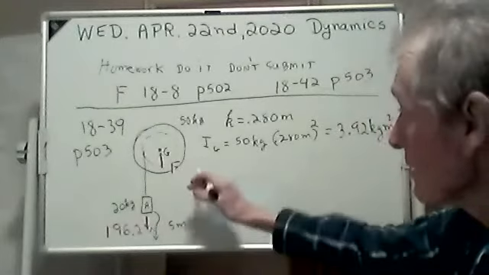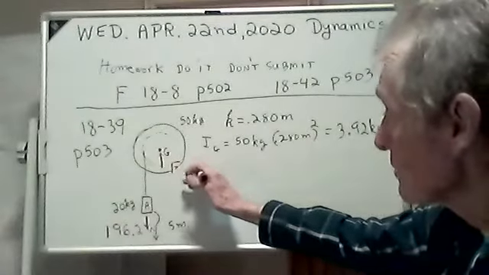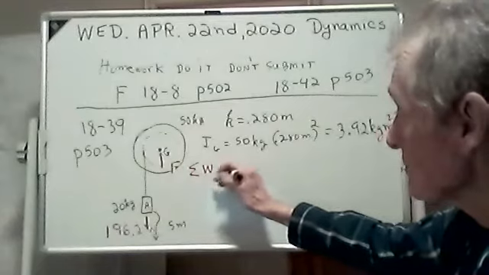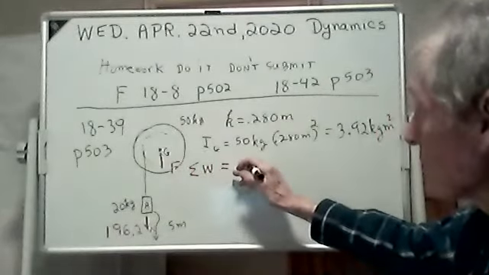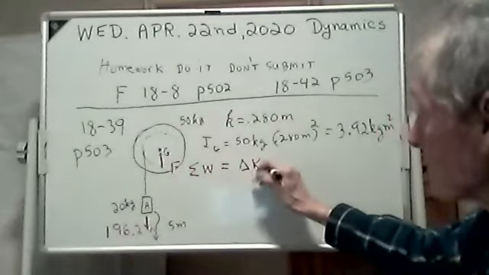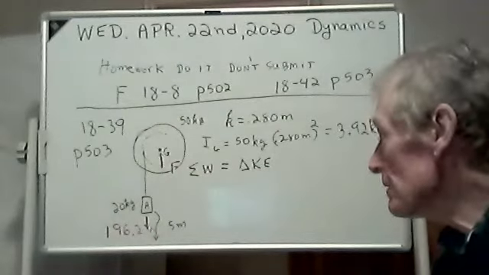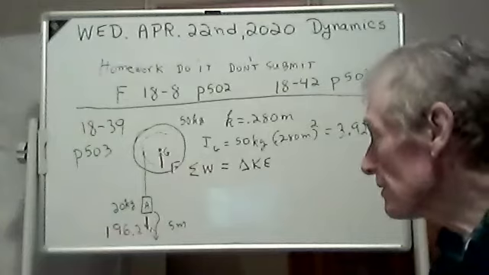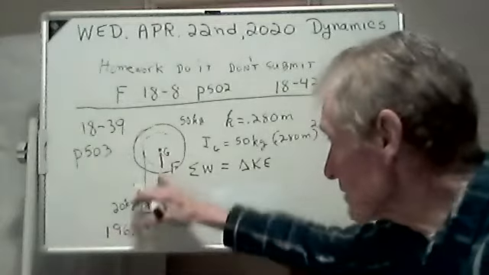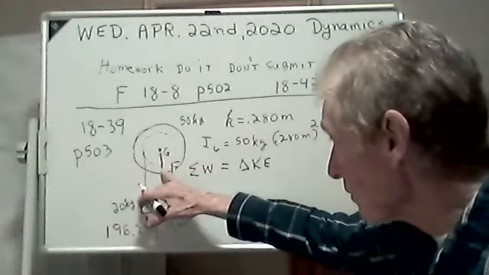All right, here we go. We're going to write the sum of all the works done equals the change in the kinetic energy. Well, what's the work done? See, that force there doesn't do any work.